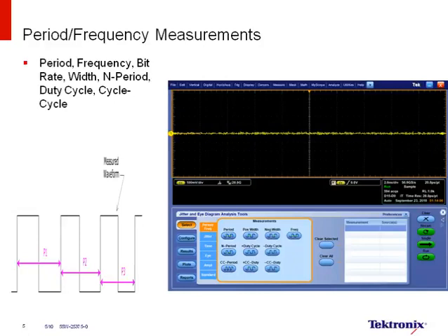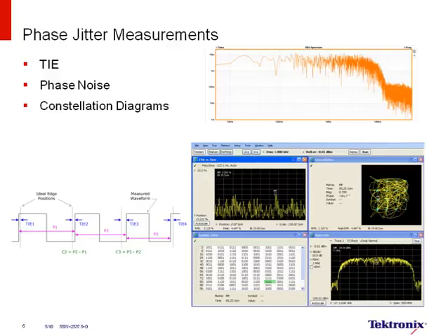For high-speed serial analysis, phase noise or phase jitter measurements like TIE, or time interval error, are extremely important. TIE measurements are also known as accumulated jitter measurements because they are measured relative to a forwarded clock or recovered clock. If you were forced to pick just one measurement for analysis for high-speed serial standards, it would be phase jitter measurements like TIE or phase noise.